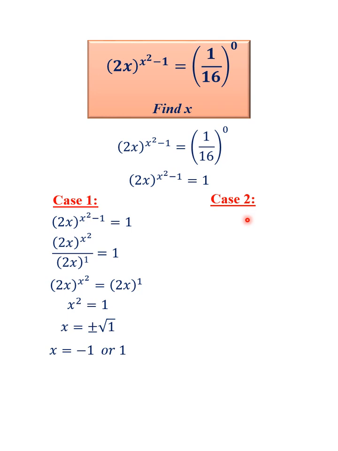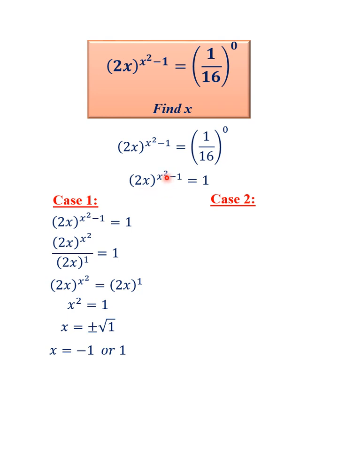Now, what is case 2? Looking at this equation here, you will agree with me that if we set 2x to be equal to 1, the equation will be correct, right? Because 1 raised to power anything will also give you 1. 1 raised to a positive integer will give you 1. 1 raised to a negative integer will give you 1. 1 raised to 0 will give you 1. 1 raised to a fraction will give you 1.